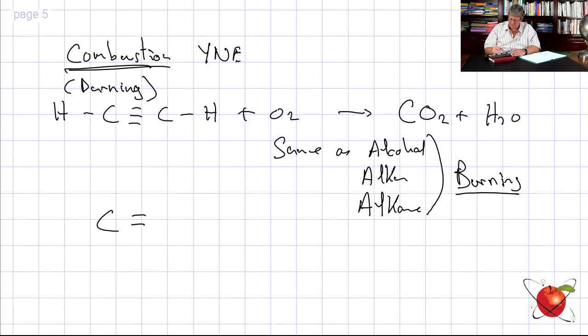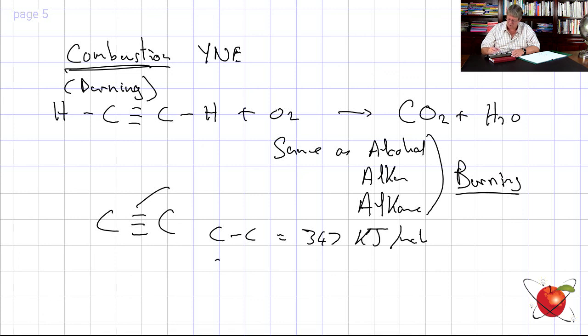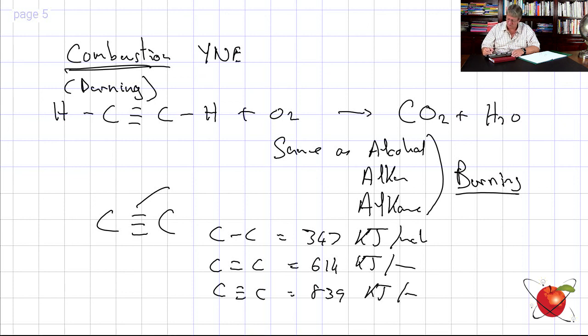All right. Now, just the last bit. Remember here, you've got 3 bonds. The bond energy of a C-C is equal to 347 kilojoules per mole. A C=C is 614. Okay? And a C triple bond C is equal to 839. Okay?